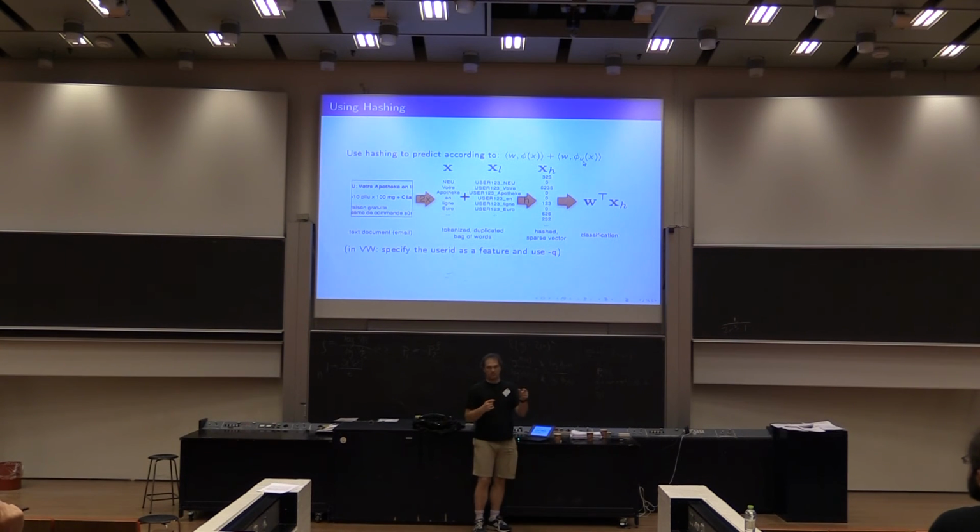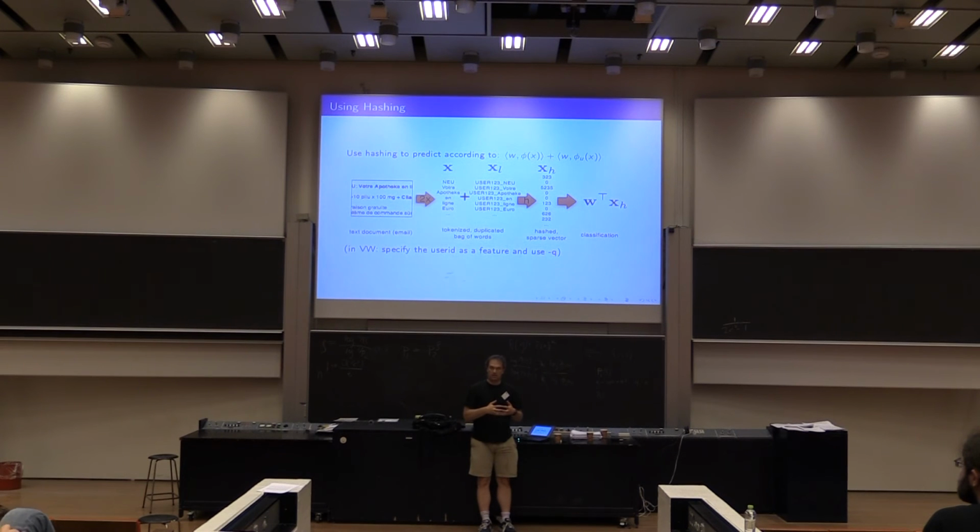So for every feature that you had before, you now have two features: one which is the global feature, and one which is the per user feature. So you can think about appending the user ID to the word, and then computing a hash, as well as keeping the original features, and then you just compute your normal dot product.